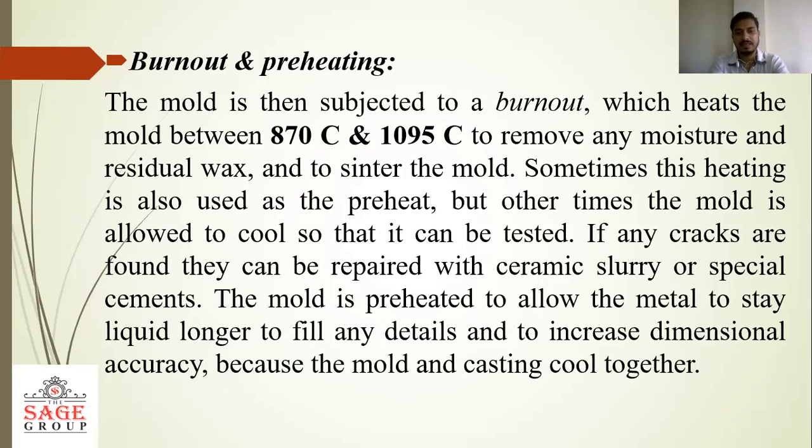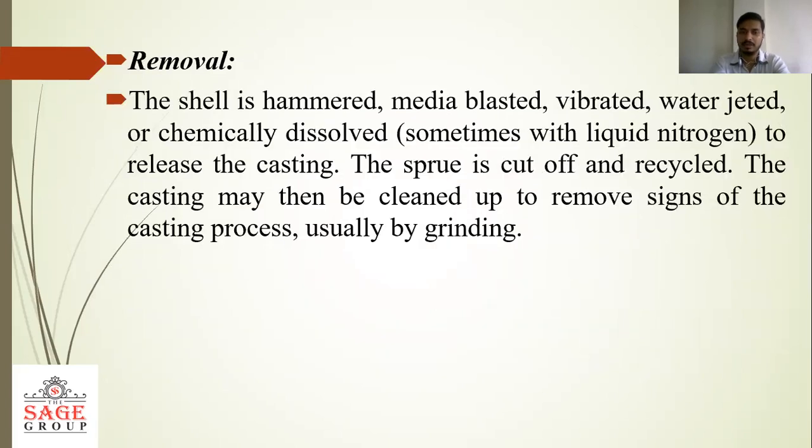If any cracks are found, they can be repaired with ceramic slurry or special cement. The mold is preheated to allow the metal to stay liquid longer, to fill any detail, and to increase dimensional accuracy because the mold and casting shrink together.